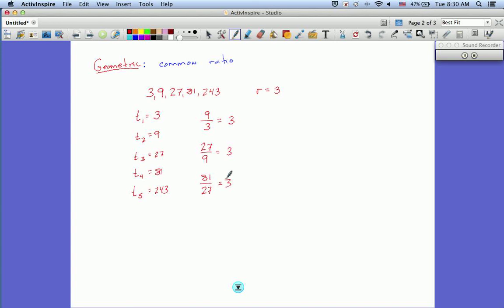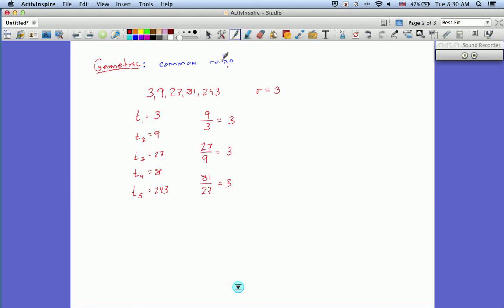Notice what I'm doing here, though, is I'm taking the later term and dividing it by the preceding term, because I want to figure out how I got there. Similarly to in our arithmetic, we took the later term and subtracted the earlier term to figure out how I got there and have a difference. Even though I added things to get there, I had a difference because I'm undoing it. Here I multiplied, so I'm dividing to figure out how I got there. Division will undo the multiplication. So we can confirm our ratio here is 3 in each of these cases.